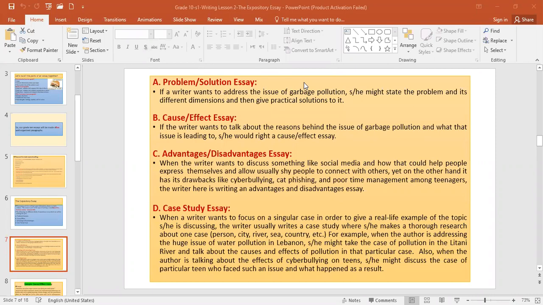The writer here is writing the advantages and disadvantages essay. Okay, we are specifically going to write an advantages, disadvantages essay for different types of technology like social media, internet, robots in the operating room, etc.